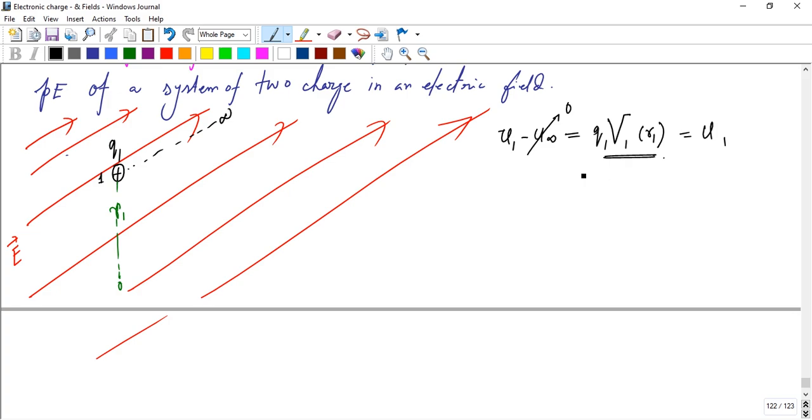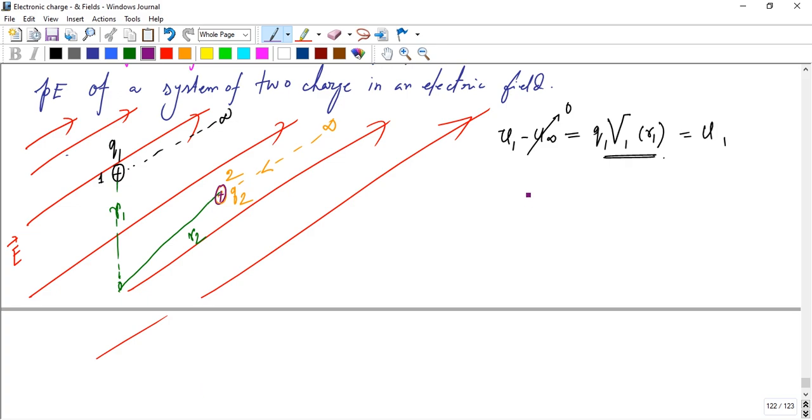Now bring another charge, Q2, a positive charge, under the same condition, from infinity to point 2. R2 is the position.